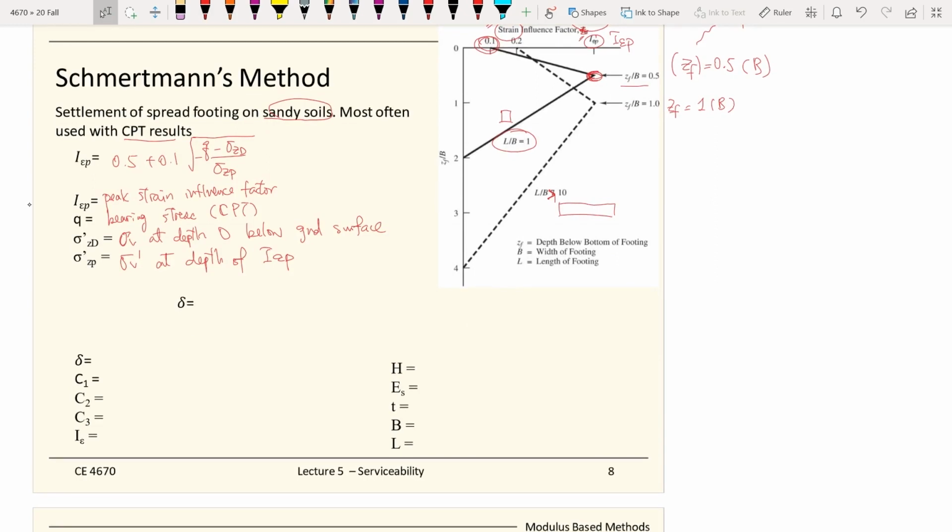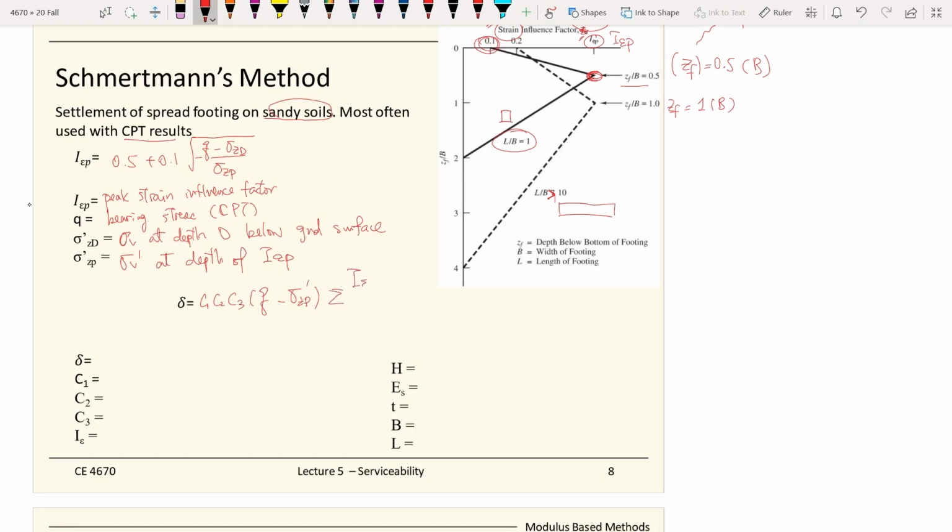So eventually, after we figure out those parameters, it allows us to calculate the immediate settlements for sand layers. You are using the Schmertmann method. It equals these equations. So the settlement equals C1 times C2 times C3, the CPT measurement minus the theoretical stress at the depth that you're looking at, and sum up all the layers.